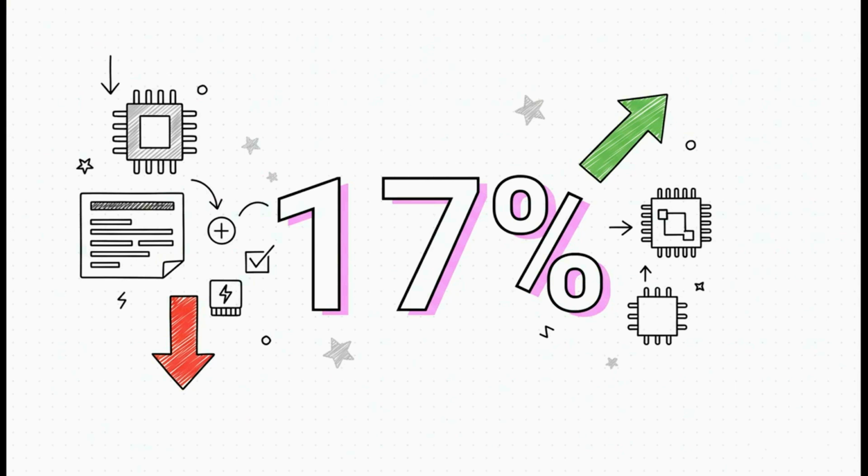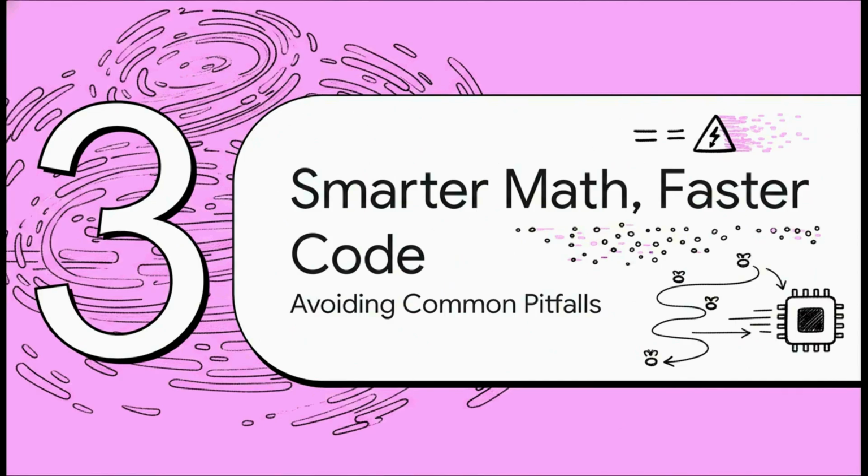And just look at the payoff. On a real project, just flipping the switch on LTO shrunk the code size by 17%. That's almost 30 kilobytes of flash saved just by checking a box in your settings. That could literally be the difference between your project fitting on a chip or having to move to a bigger, more expensive one.